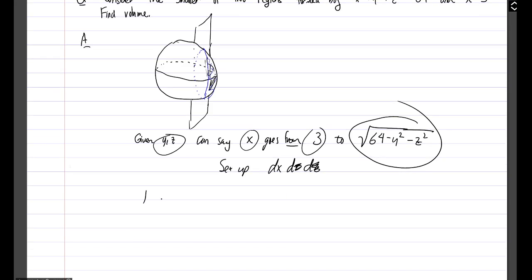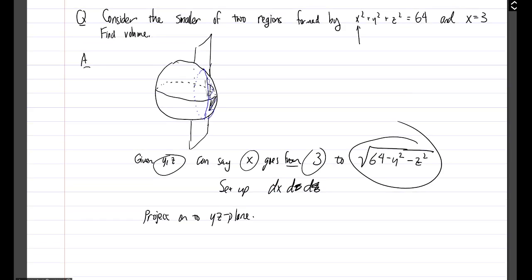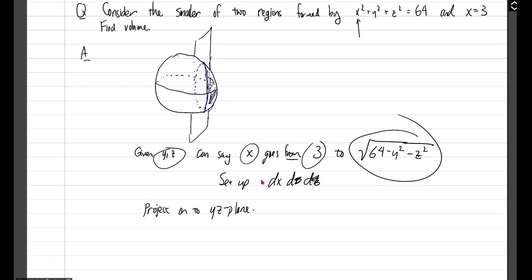Then if you project onto the yz plane, so we should look where, if we plug in 3 up here, yeah? So this circle right here, that's what the projection is going to look like, just onto the yz plane.